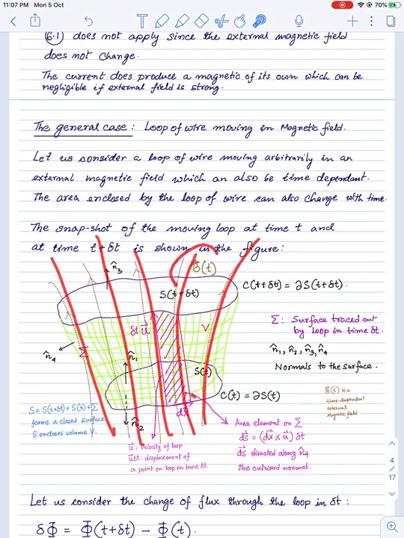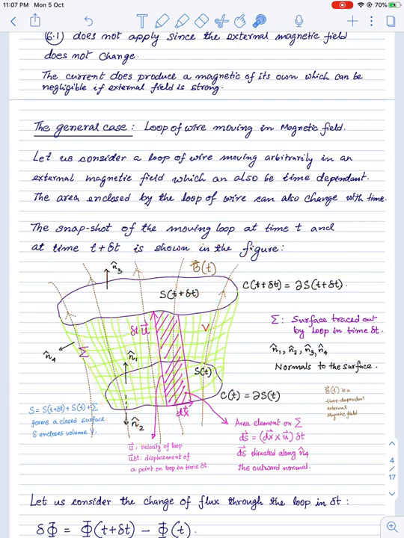But also, apart from all this, there is a magnetic field passing through this region, and this magnetic field is also time dependent. So both effects are happening together: the loop can increase its area and the magnetic field is also time dependent.